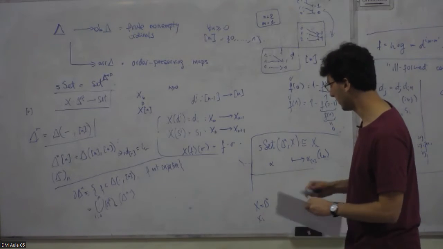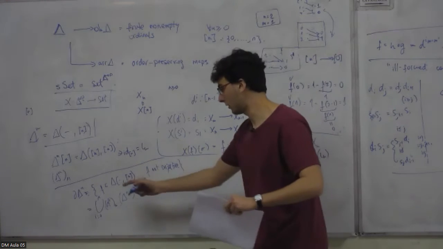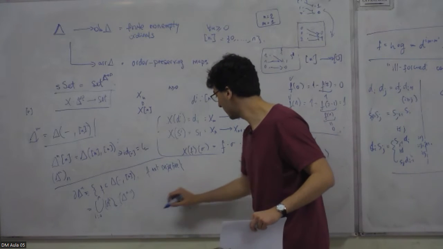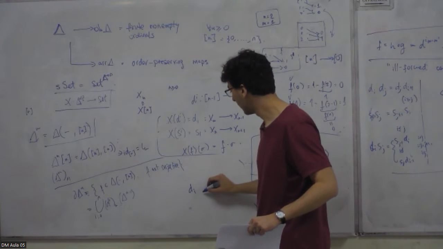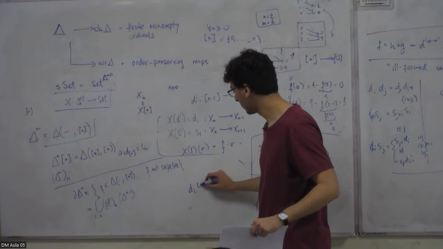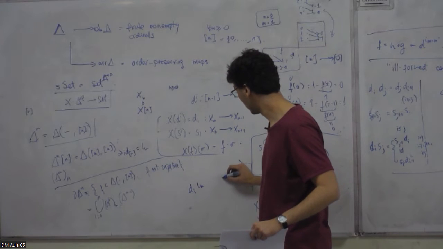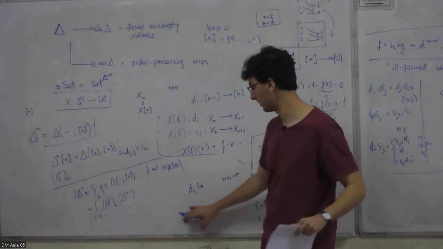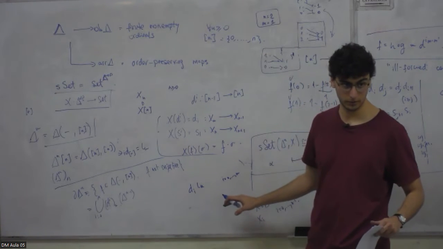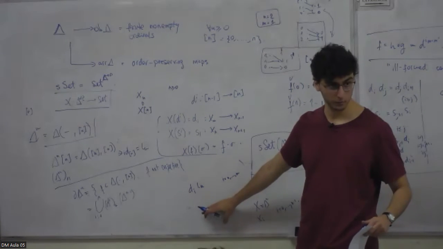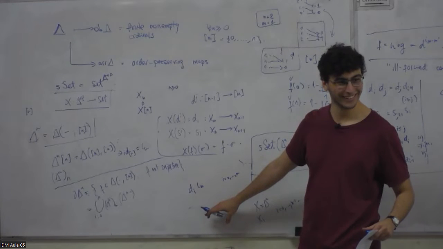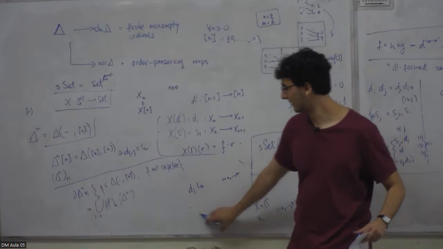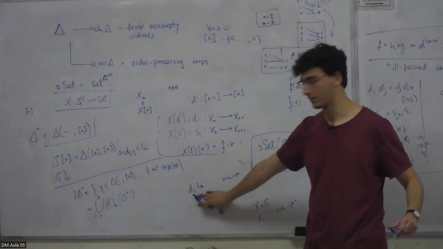So you can think of it as a simplicial subset generated by d sub i of iota sub n with i from 0 to n, right? Which would be like the faces, right? Is this correct? I mean, this is the one generated by these guys.